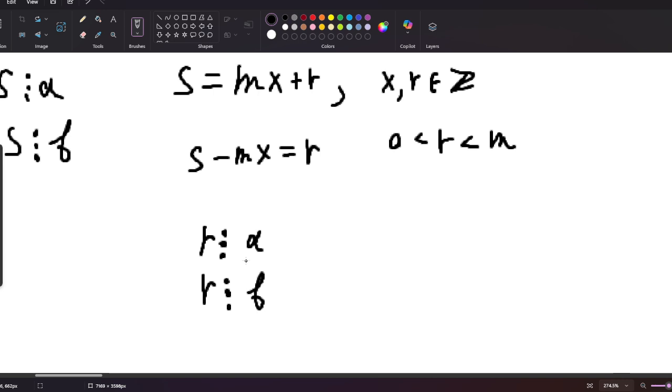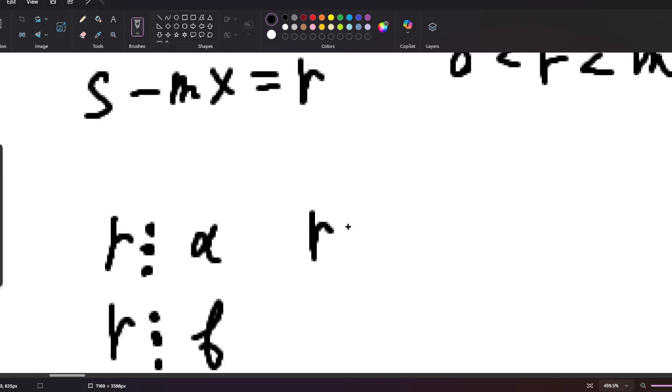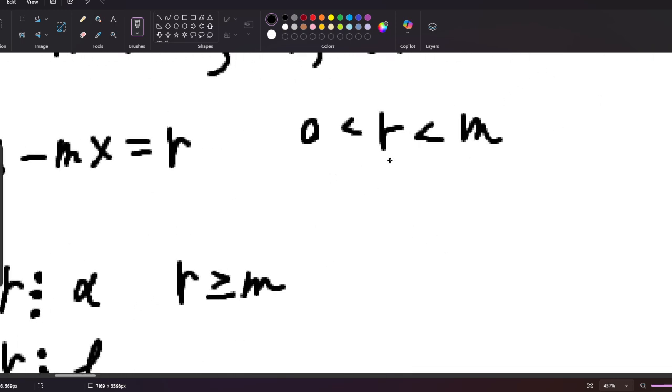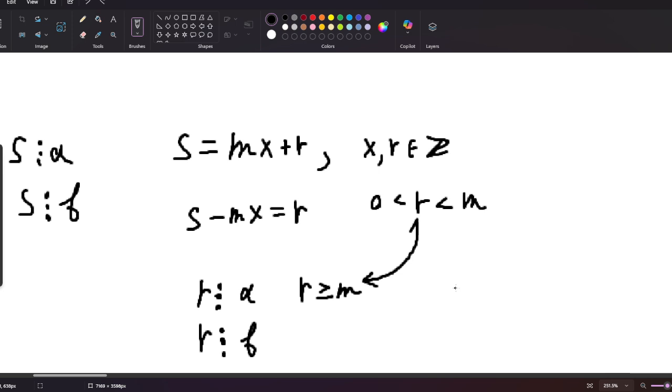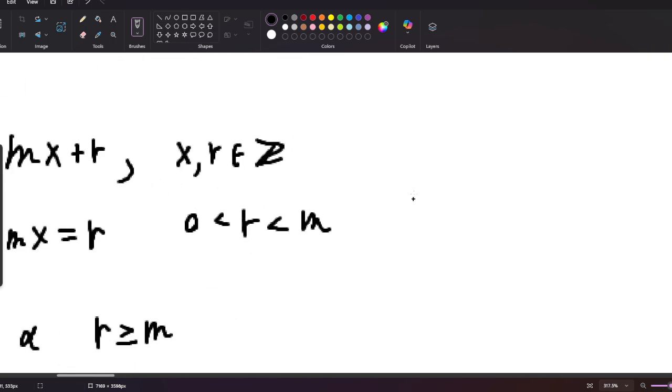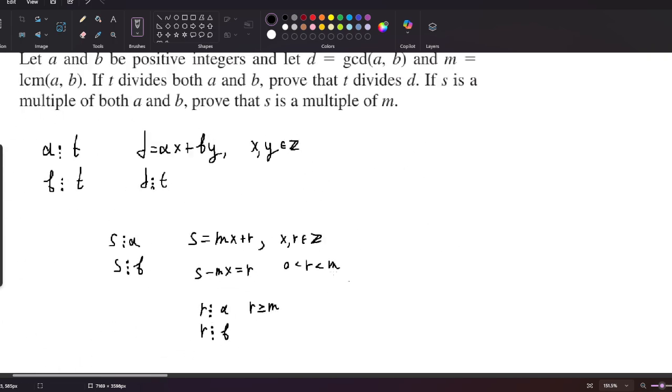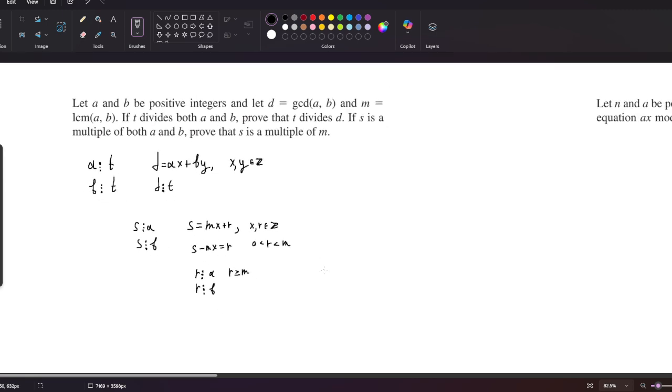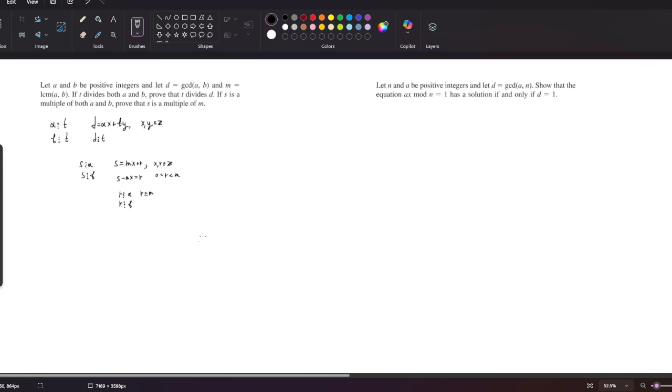Now, the lowest multiple of a and b is the LCM. In other words, r is greater than or equal to m, and we get a contradiction. So the only viable r here is r equals 0. Okay, nice. Let's continue.